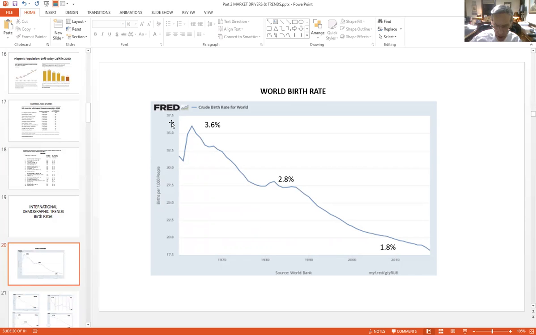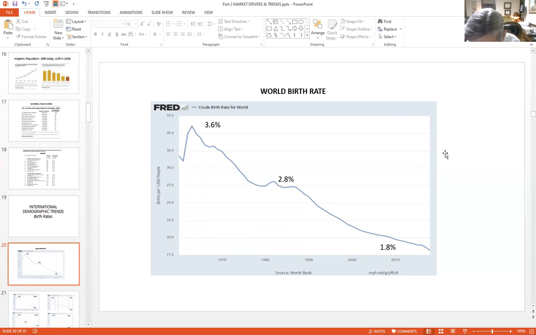And all I've done is, in my numbers on the lines, have changed it to number of births per 100 people, and that enables me to report as percentages, which I think is probably a little easier to talk about. So back in 1960, worldwide, births represented 3.6% of the population.